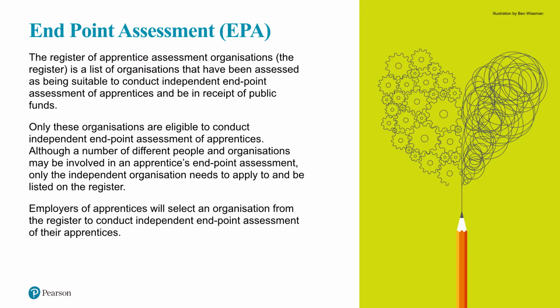As I say, Pearson are on that register to deliver endpoint assessment for the level 2 and 3. When the level 4 and 5 standards are approved, we will go through the same process to ensure we can offer progression opportunities for all of the learners.